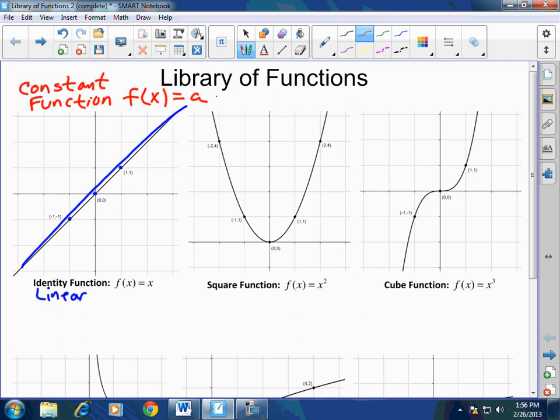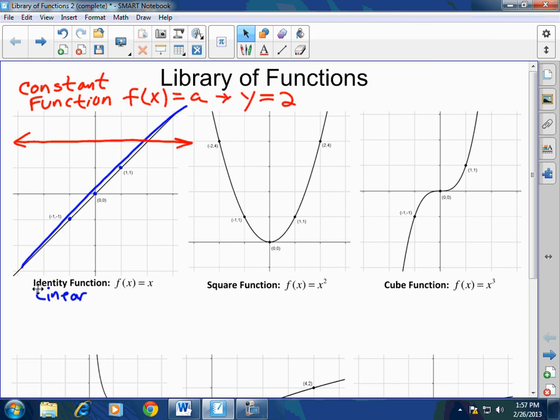So for example, y equals 2. That's a constant function. It's called constant because there is no slope. The slope is 0, so it's constantly going to give you a y value of 2.